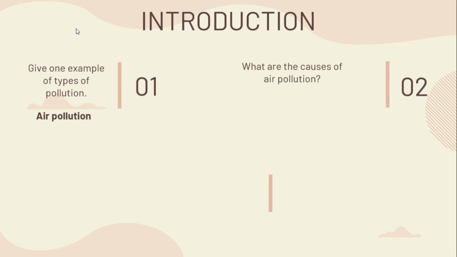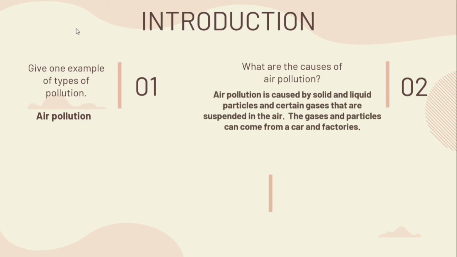What are the causes of air pollution? Air pollution is caused by solid and liquid particles and certain gases that are suspended in the air. The gases and particles can come from cars and factories.